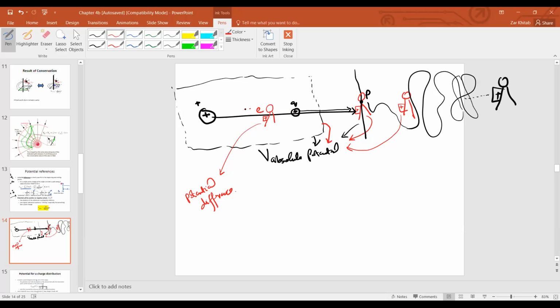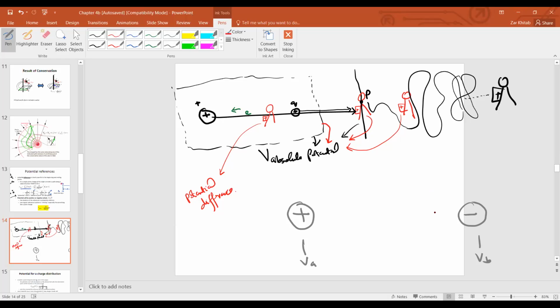So there might be an electron. Let me put a different color. There might be an electron. The electron will feel a potential difference. So again, if I try to create a new situation, say this is a huge positive charge, this is a huge negative charge, this is VA, this is VB.